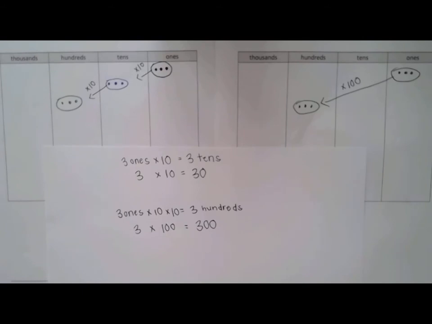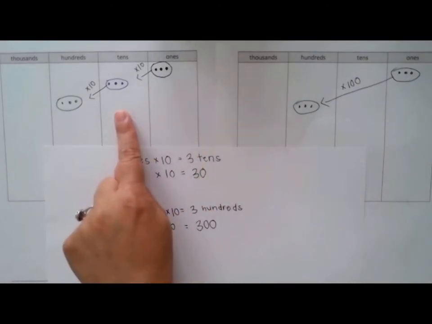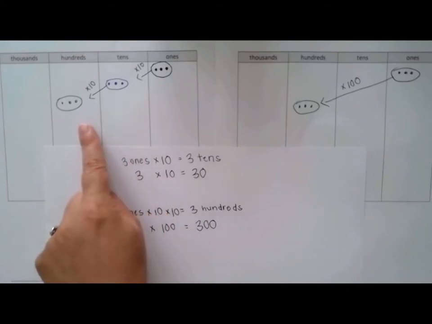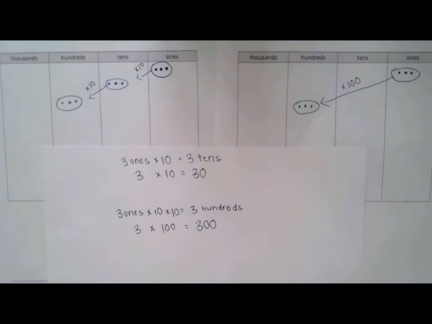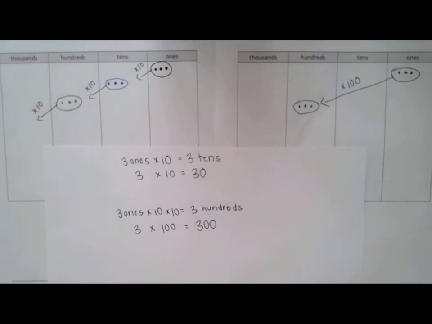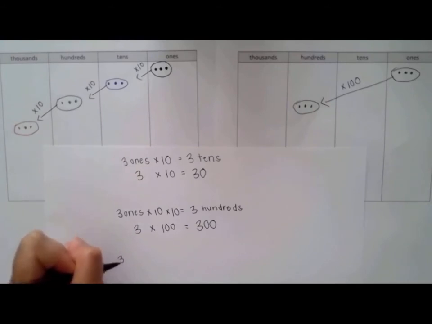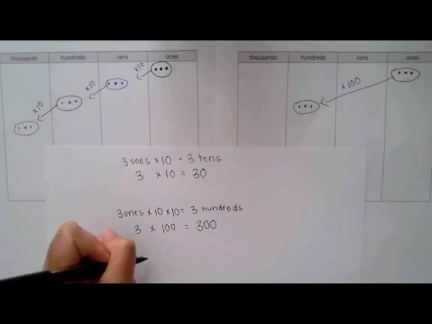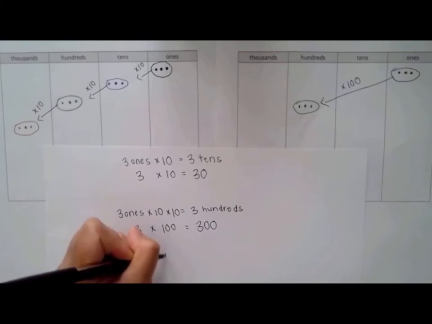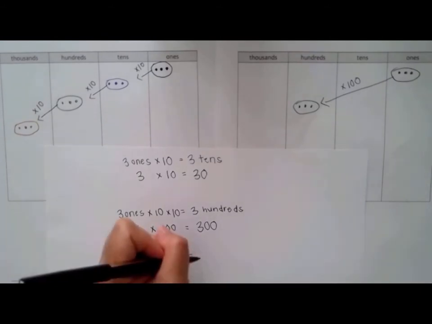I could show 3 times 1,000 by, again, starting at 3 ones, multiply by 10 to get 3 tens, then I can multiply times 10 again to get 3 hundreds, and then I can multiply times 10 one more time, and that would equal 3 thousands. 3 ones times 10 times 10 times 10 equals 3 thousands.